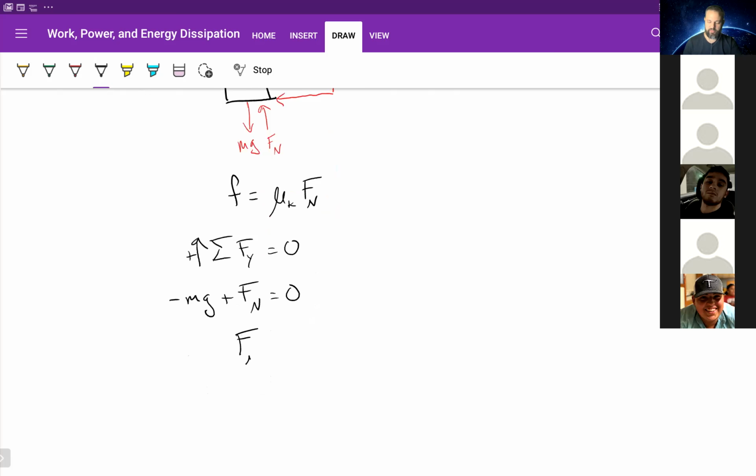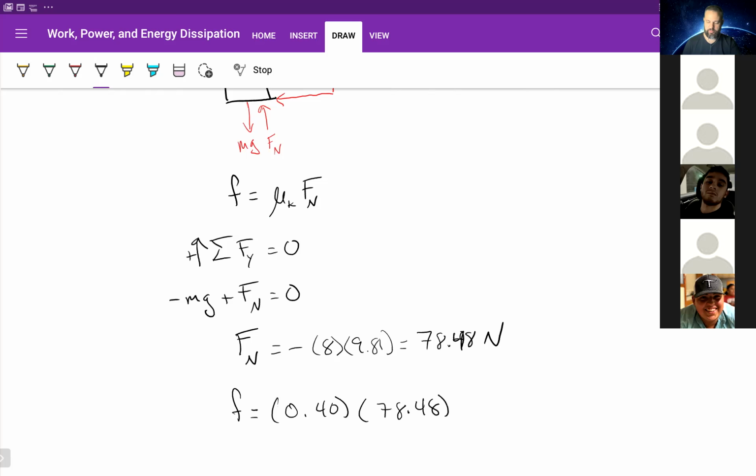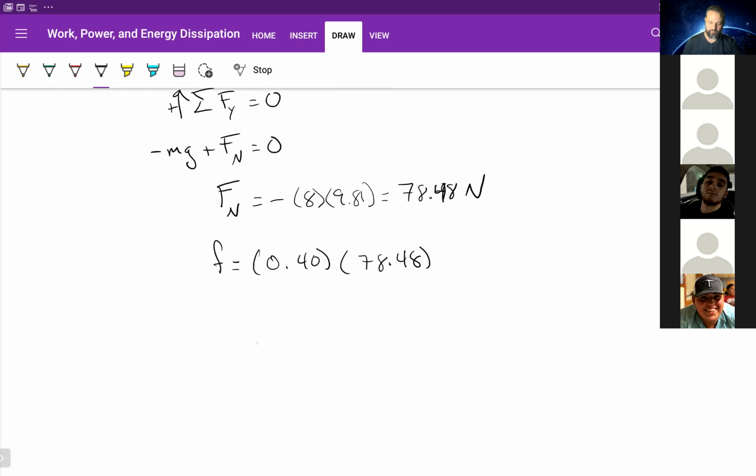So F n is equal to 8 times 9.81, and that gives me 78.48 newtons. We can plug that back into our friction. That's mu, which was 0.4, times that 78.48. So that should be 31.39 newtons.